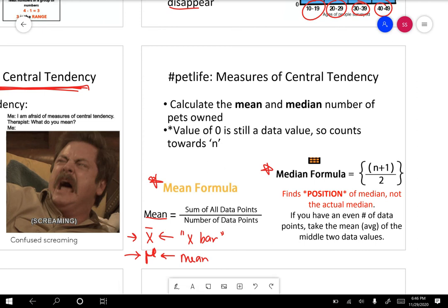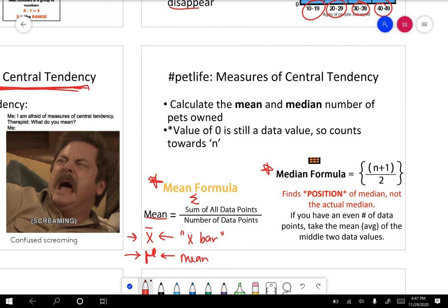But how do we actually calculate the mean? Well, the mean is simply the sum of all the data points. Another symbol for sum you might see is this weird E-looking, backwards, I guess it's not backwards, kind of like a sideways M. But that symbol right there just means sum.